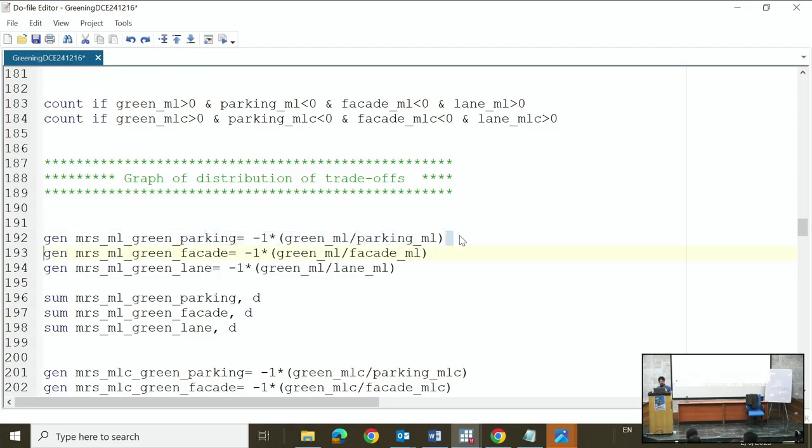But then I can calculate the marginal rates of substitution, which is what Charu and Sangeeta explained to you before. Let's assume for the time being that you have a price in the discrete choice experiment.